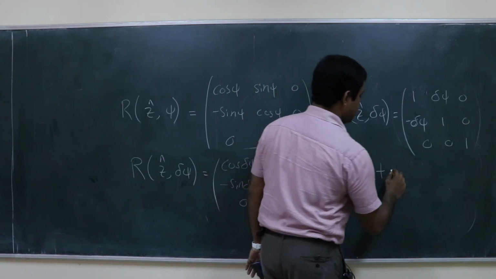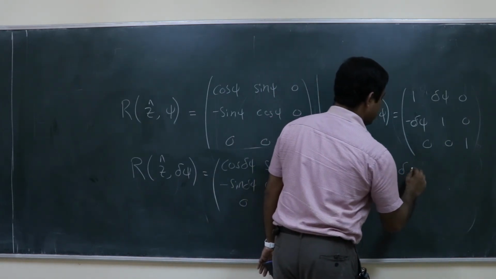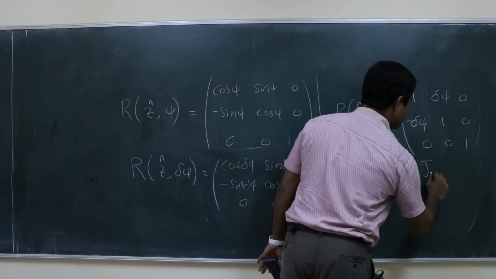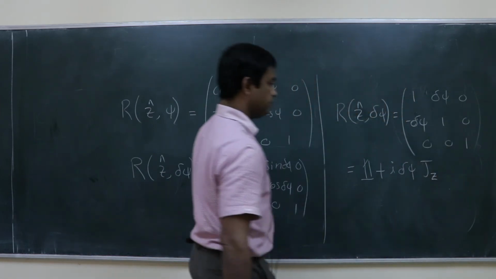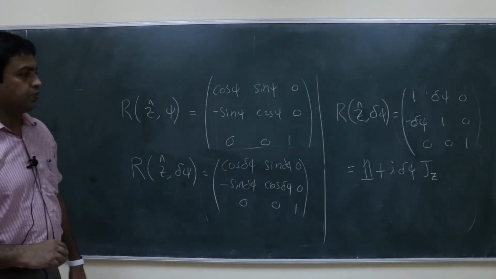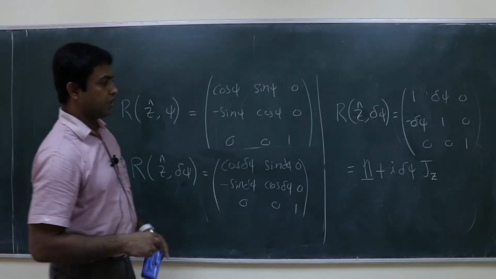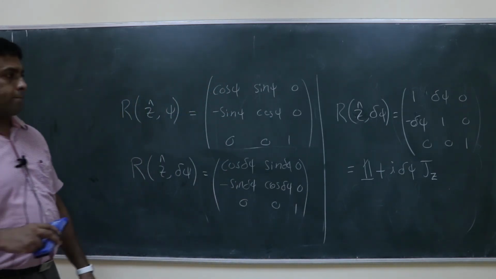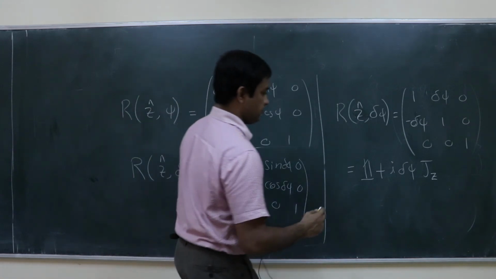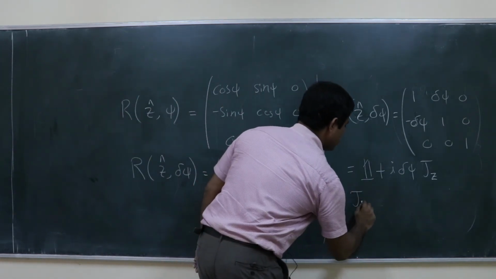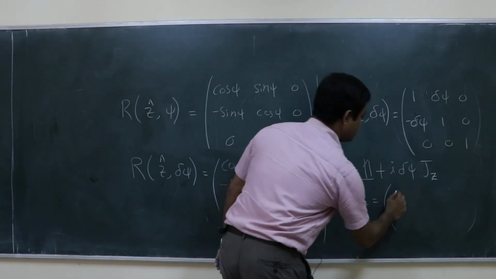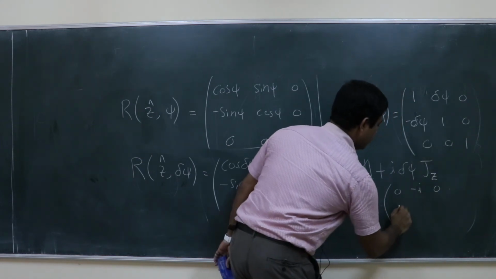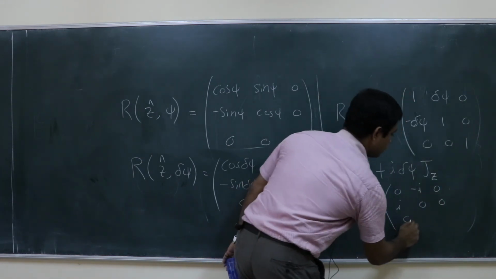So suppose I write this as I delta psi J, say J z. So what is J z equal to? What is the matrix J z equal to? J z should be a matrix. So J z is equal to 0, minus i, 0, i, 0, 0, 0, 0, 0.